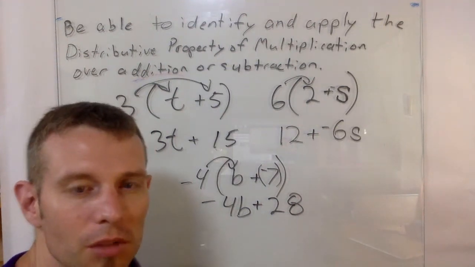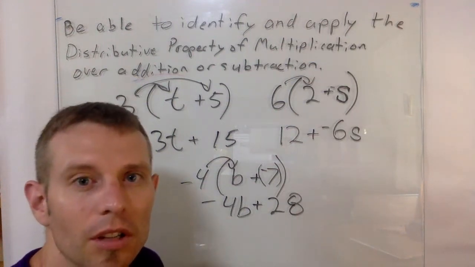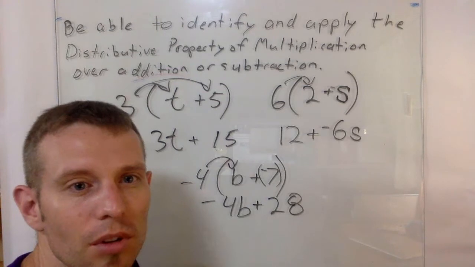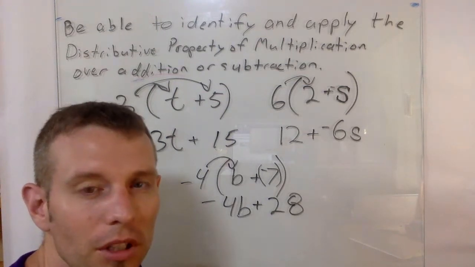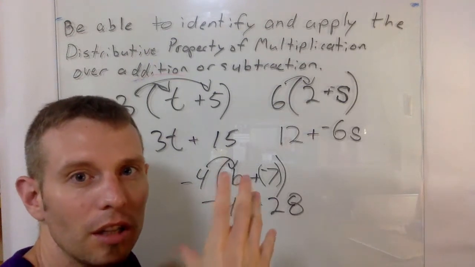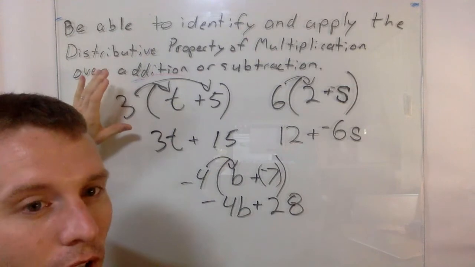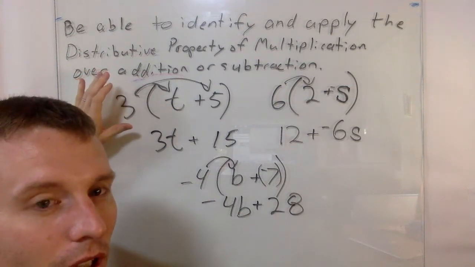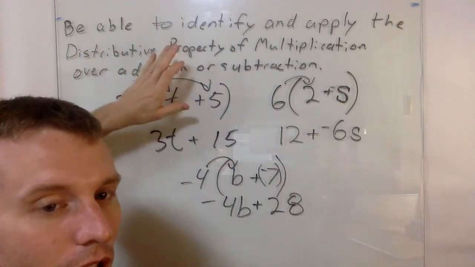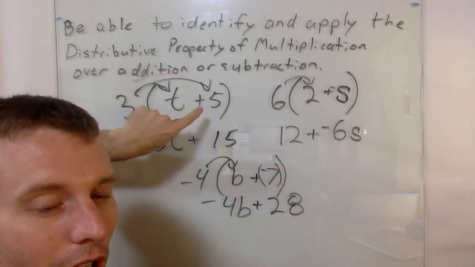All right, so your summary for this lesson is to use the distributive property of multiplication. Make sure you multiply the number or the term in front of the parentheses times each of the inside terms, and make sure you're very careful with the signs.